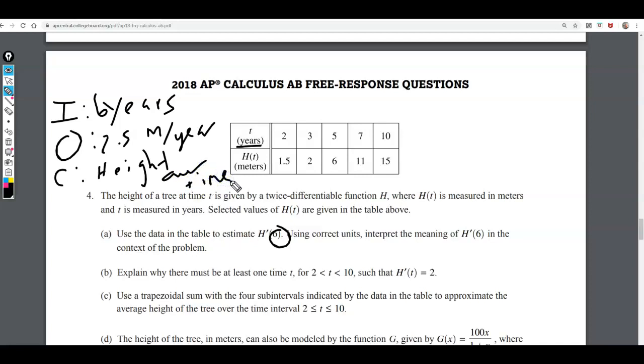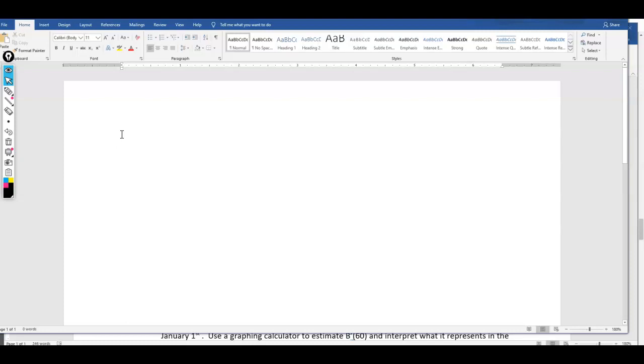So how would we interpret this? We would say that h prime of 6 represents the fact that the tree's height is changing, or I guess we could say increasing because it was a positive value, is increasing at a rate of 2.5 meters per year when t equals 6 years.